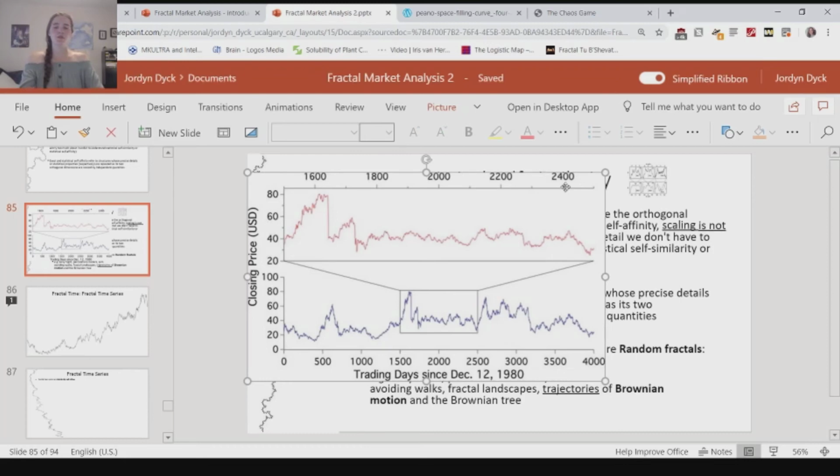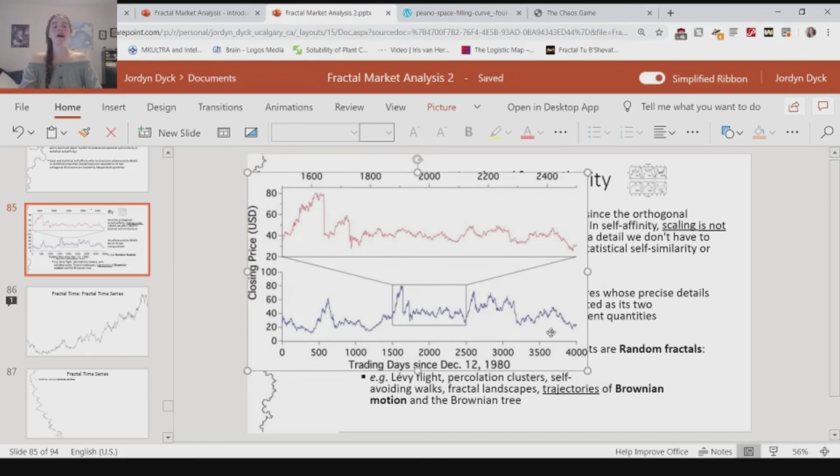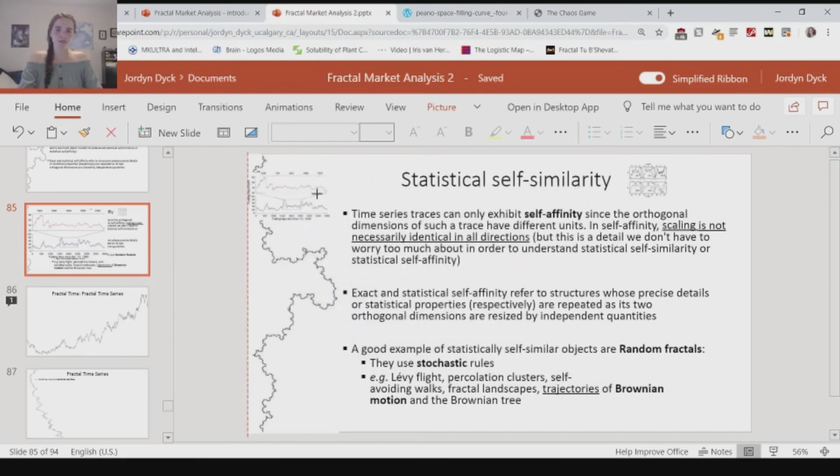So the axes, the orthogonal components that we're using to trace this time series, have scaled differently. In a regular fractal, the units on both of these axes would have been the same. And that's why we can't say that they're self-similar. We just call this property self-affine. It's just a way to categorize it.